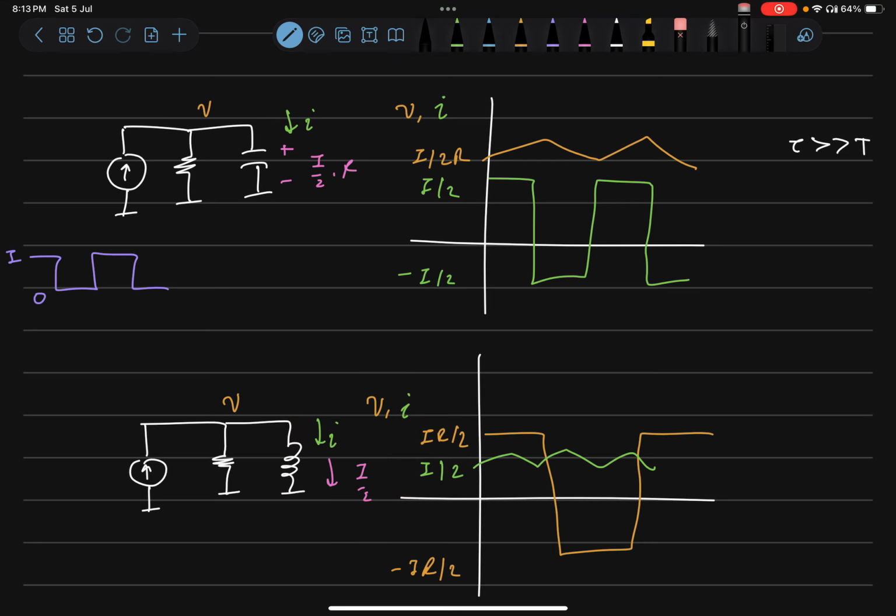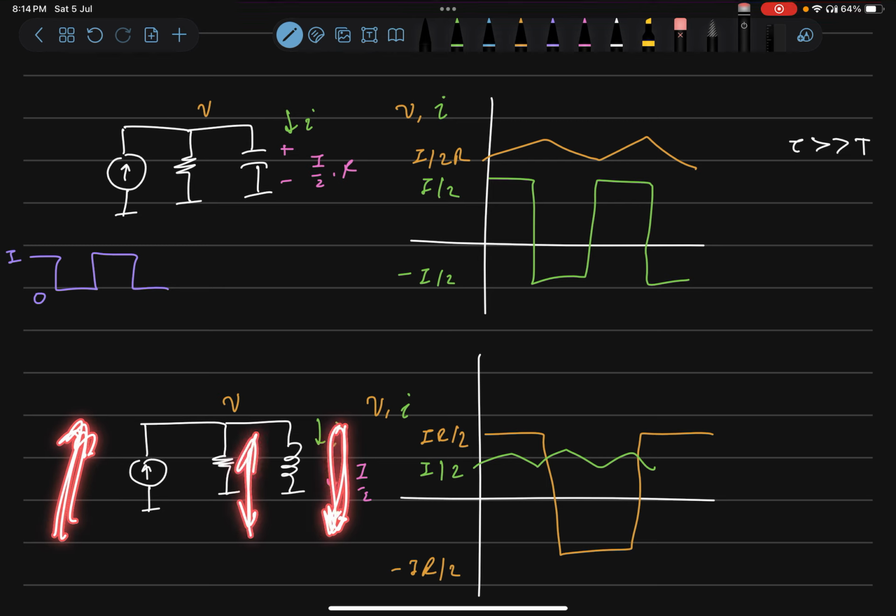Okay, now if you want to plot the voltage waveform, since this current toggles between I and 0, this is fixed at I by 2. This will toggle between I by 2 and minus I by 2, because this toggles between I and 0 and this is I by 2. So when this is I, since this is I by 2, this will be I by 2. When this is 0, since this is I by 2, this will be minus I by 2 to satisfy KCL at this point.